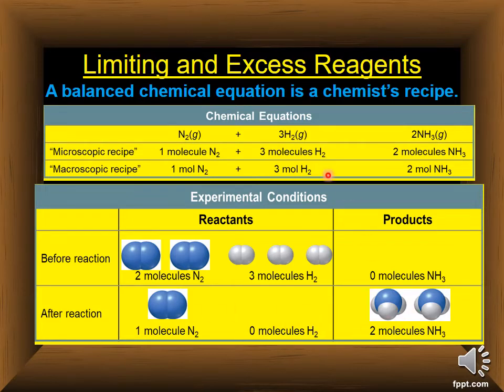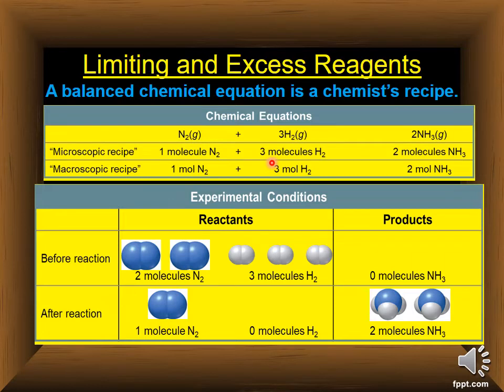Why? Because from the chemical equation we know how many moles of nitrogen we need: 1. How many molecules of hydrogen we need: 3. To get how many molecules of ammonia: 2. So to get 2 molecules of ammonia, we need 3 molecules of hydrogen and 1 molecule of nitrogen.